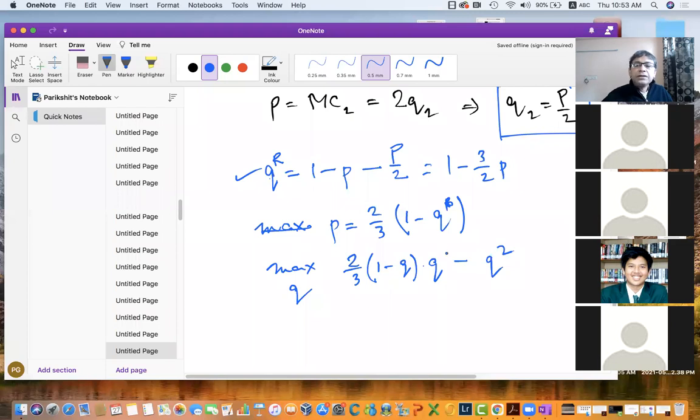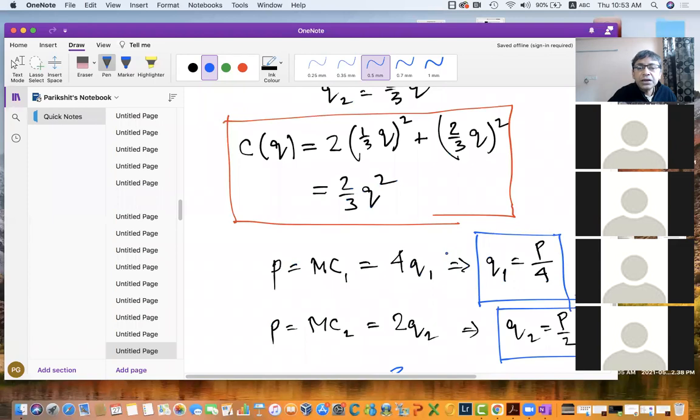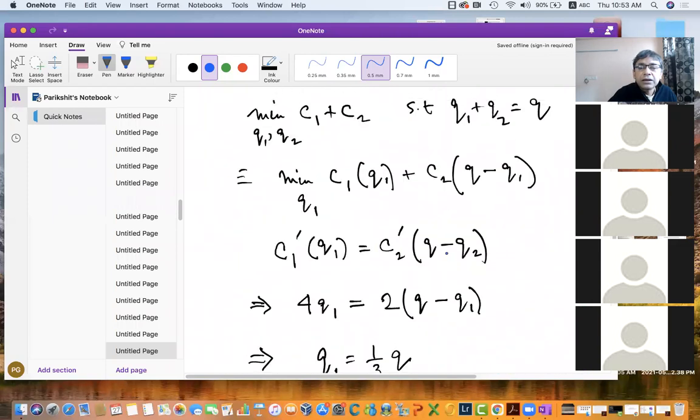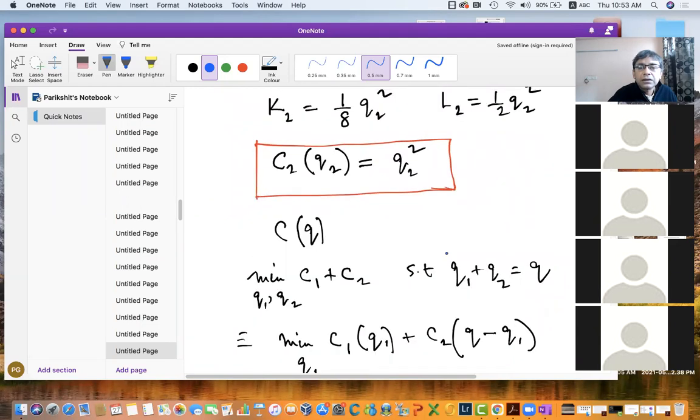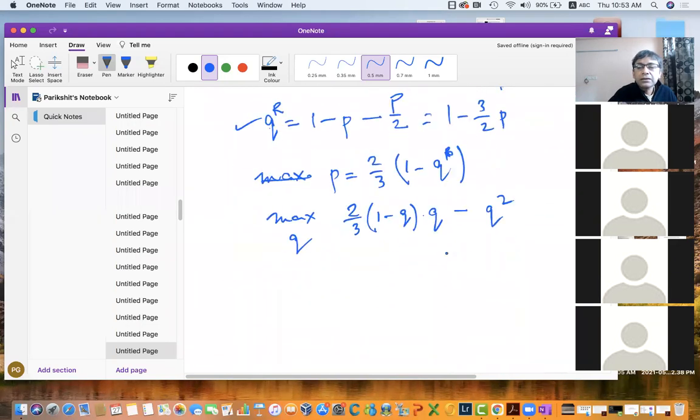Yes. So how is the cost Q square? Because we derive the cost function. So it will be 2Q square. Oh, I see. Okay.